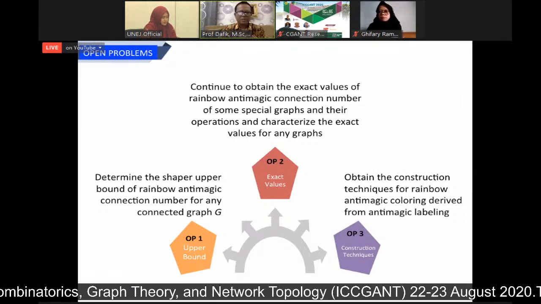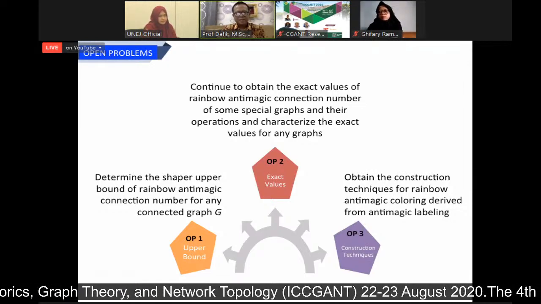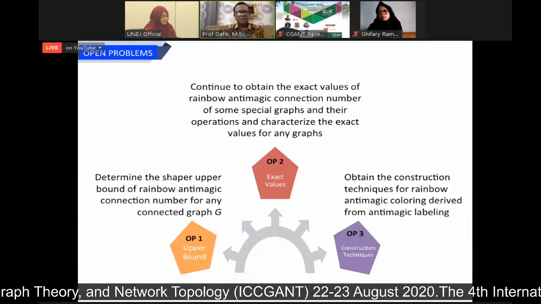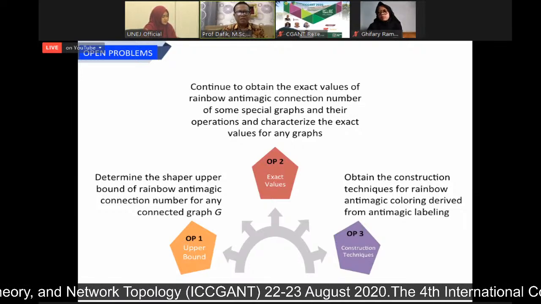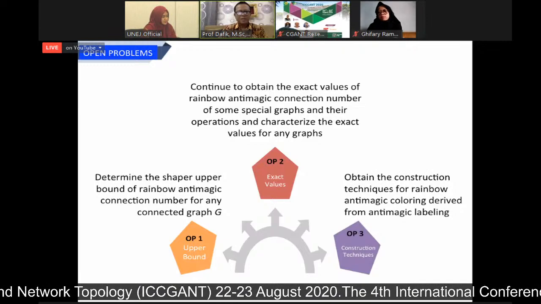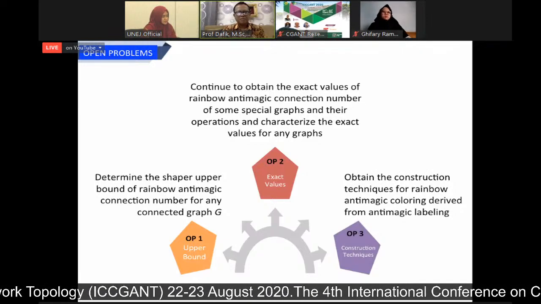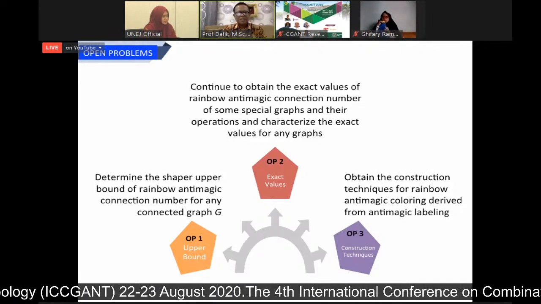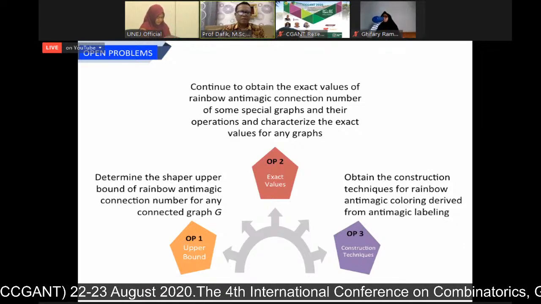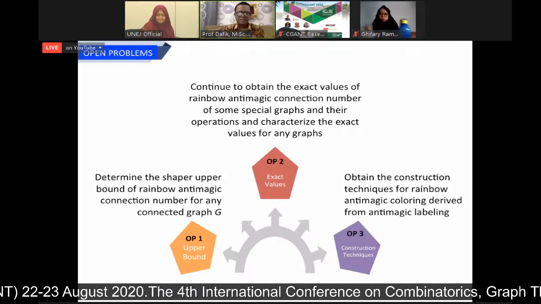This one, of course, is very hard to solve. The second one: obtain the exact value of the rainbow anti-magic connection number of some special graphs and their operations, and characterize the exact value for any graph.